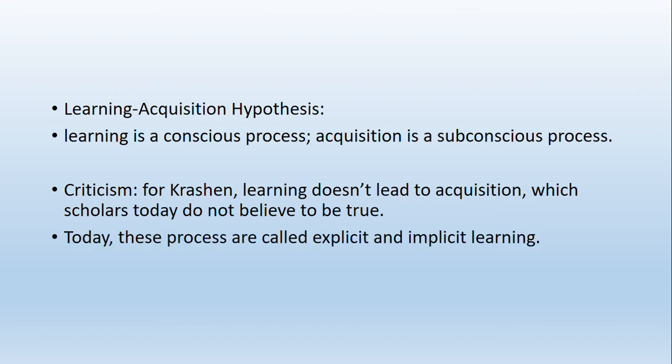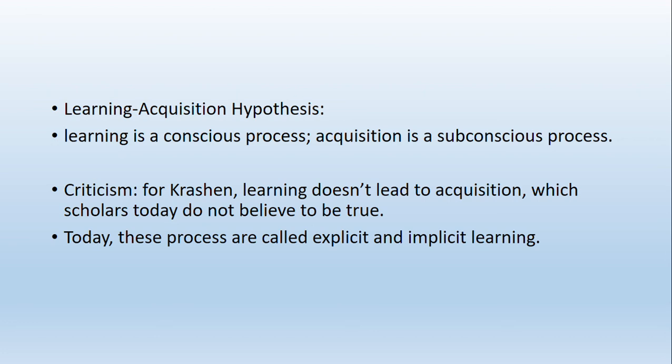So nowadays, these processes, they are called explicit and implicit learning. So explicit learning is like when you're consciously doing exercises, consciously studying. And implicit learning is just all the things we learned, but we don't know how. For example, I know many more words than the words that I studied, that I did exercises about, that I looked up in a dictionary.